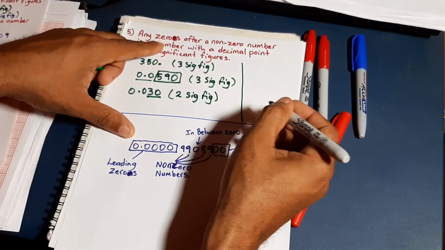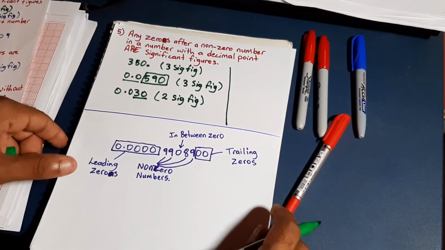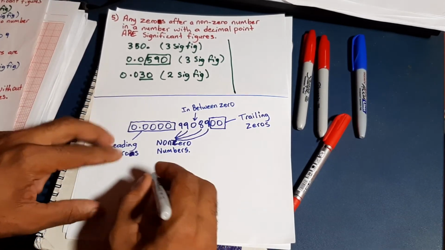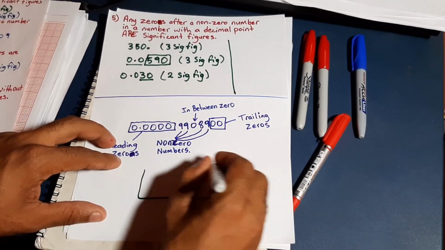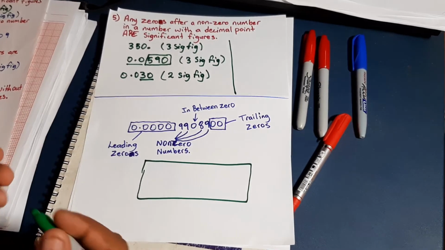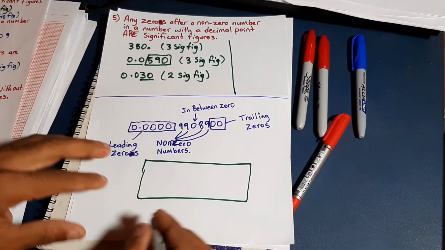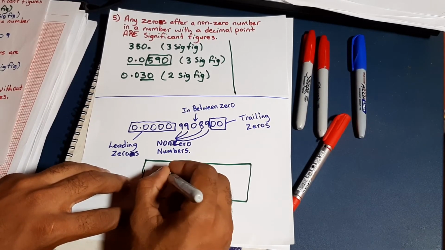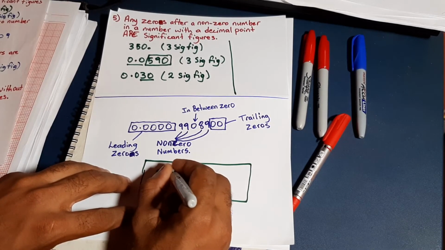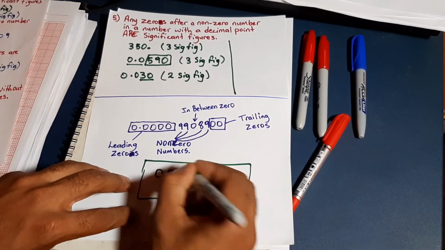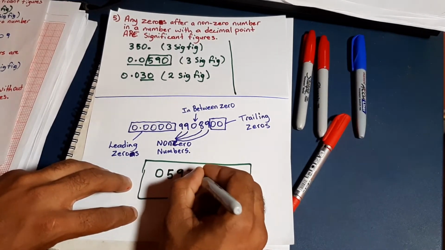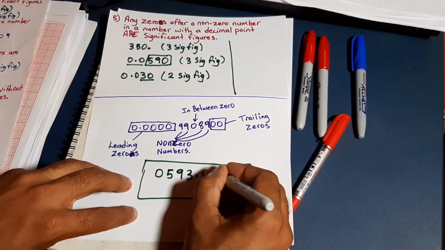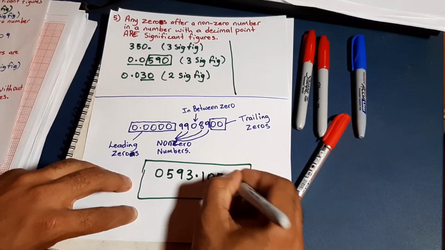So let's give you a final example. Let's try and mix this up now. Let's look at this number to see how many significant figures it's written to. Let's say we had 0593.1050.